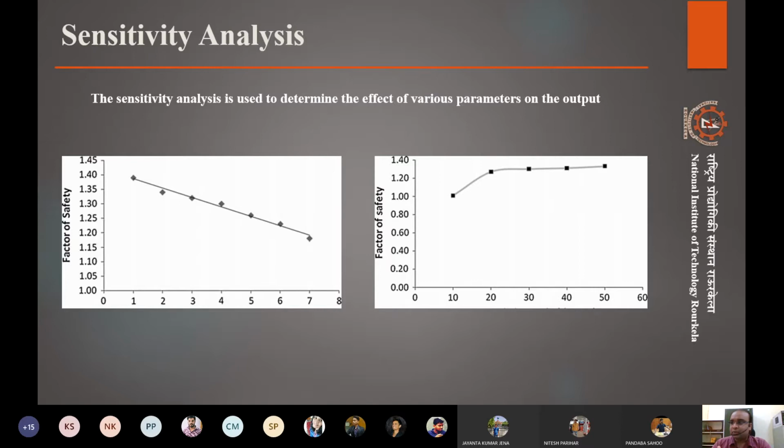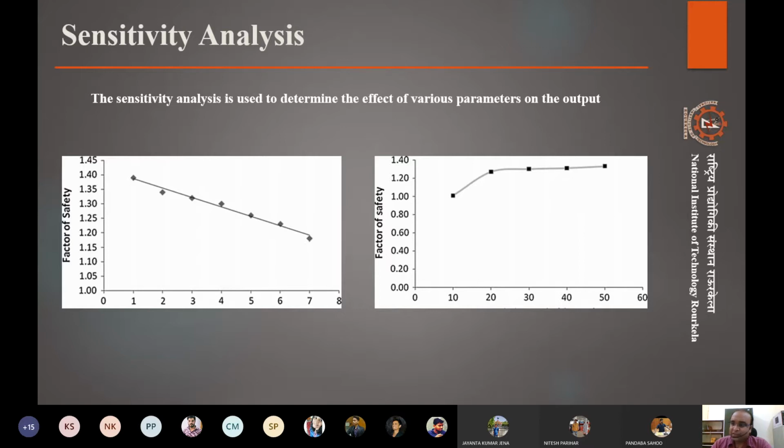Here at the bottom we see two graphs, and on the y-axis this is showing the factor of safety. Let us assume this is the factor of safety of a slope, and on the x-axis we have some values. We don't know which ones, and we have some lines that show the relationship.